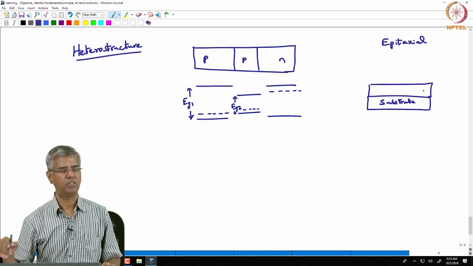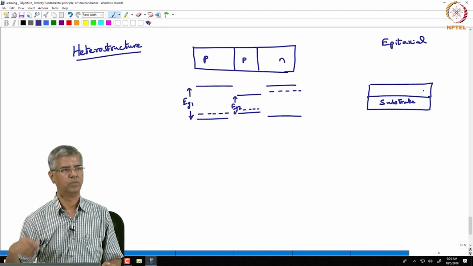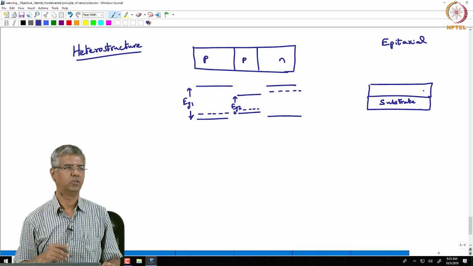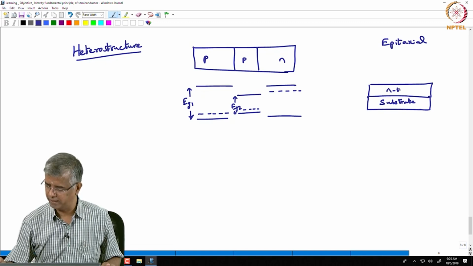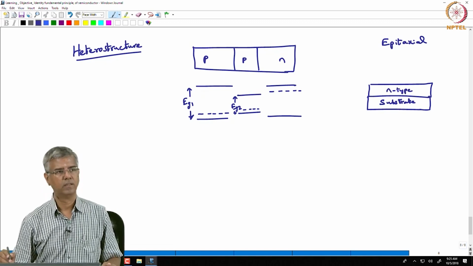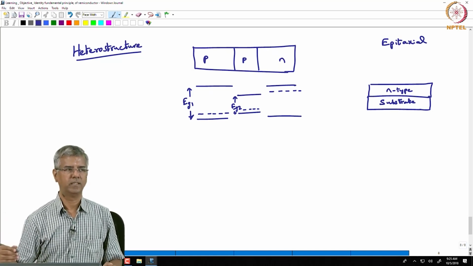And even as you are depositing silicon on that, you also allow phosphorus to come in and get deposited also. So, you are making the N type, and then above that you are depositing.